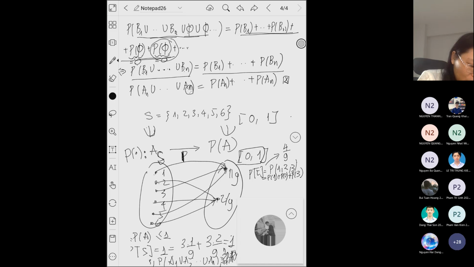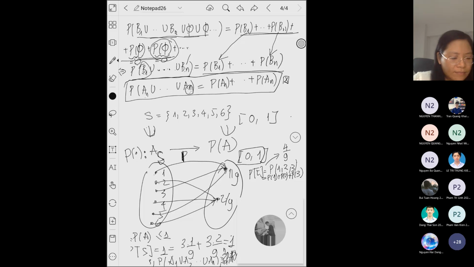So the left hand side is now the probability of B1 union ... union Bn. On the right hand side we have the probabilities of B1 to Bn. The 0 terms we can remove. And each Bi equals Ai. So here it is proven.